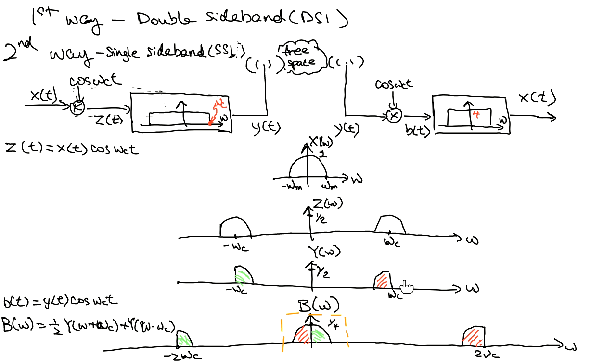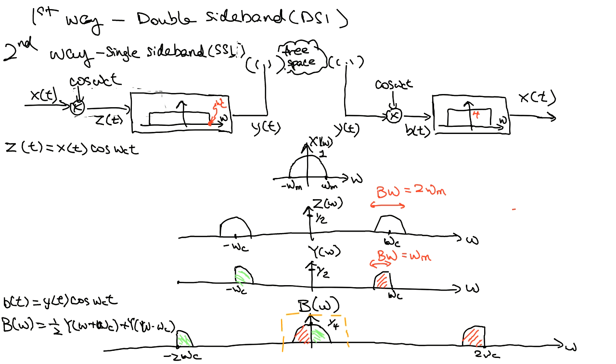The main reason why we talk about this is the bandwidth of the signal between z and y. For z, the bandwidth of one signal is 2 omega m. If you transmit y instead, the bandwidth is actually omega m.